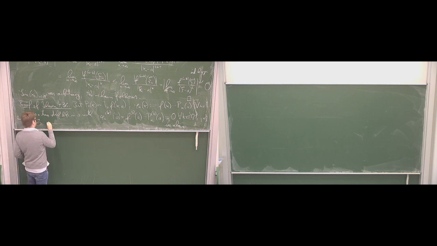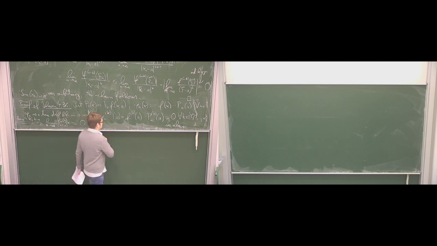This simply gives that the limit of x going to a of phi_n(x) divided by (x - a) to the power of n is 0. This is explicitly this lemma, and this is what we wanted to show. So this really has this nice vanishing property.